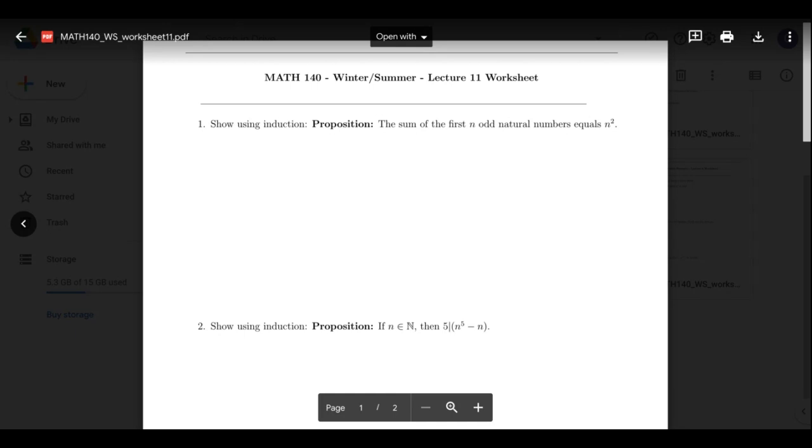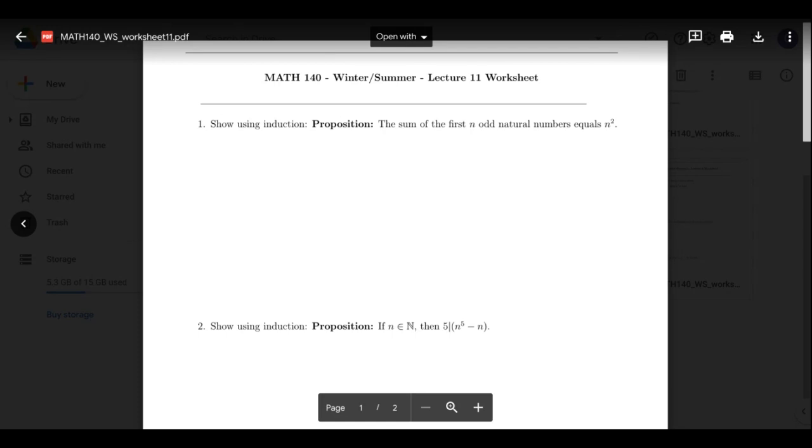Think about 3. 3 equals 2 times 2 minus 1, right? Think about the second odd natural number. The second odd natural number is 3, and 3 equals 2 times 2 minus 1. What about the third? The third odd natural number is 5. 5 equals 2 times 3 minus 1, right?